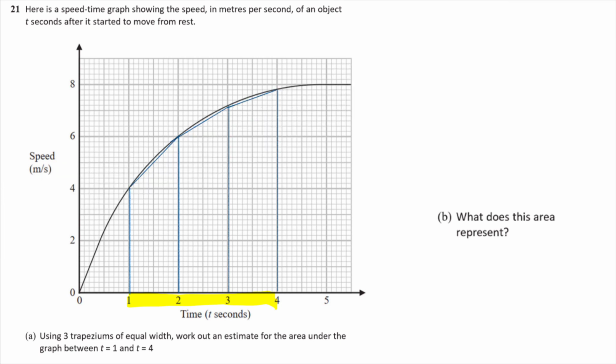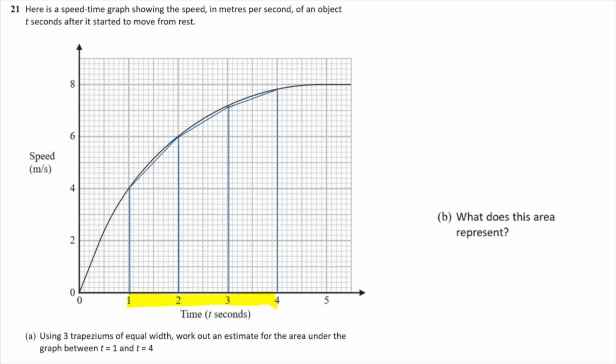Now there is actually something called the trapezium rule that you learnt at A level, which is pretty much this technique, but I'm assuming you don't know the trapezium rule formula because you're in year 11, a GCSE student. So what we're going to do is find the area of the 3 trapeziums, and add them together, old school style.